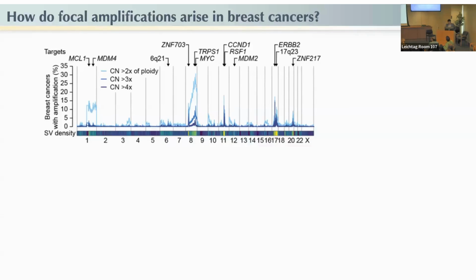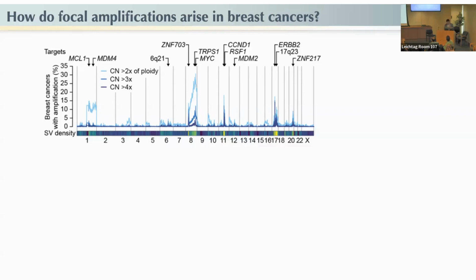And so here, the light green indicates regions with somewhat low amplitude chromosomal gains, and then the peaks, okay, on chromosome 11 and 17 and so on correspond to these focal amplifications. And they're quite frequent. We're talking about 10, 15% of some of these cases.